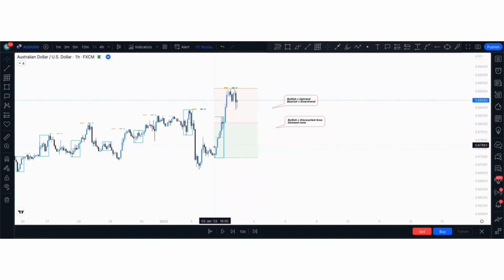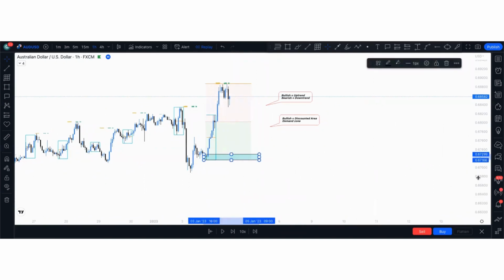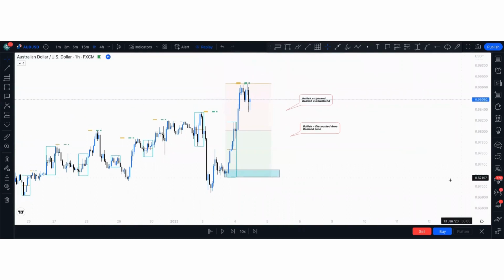Since this is the discounted zone, is there a demand zone within the discounted zone? I see this last down candle here as a demand zone, because this is where the price had this bullish move. It started here in this candle.